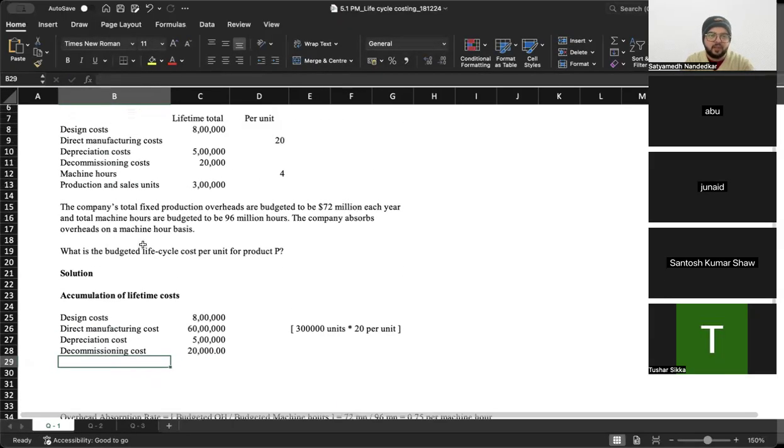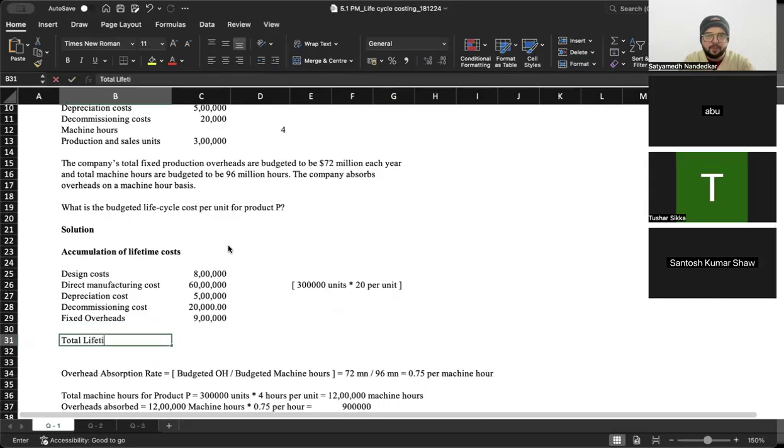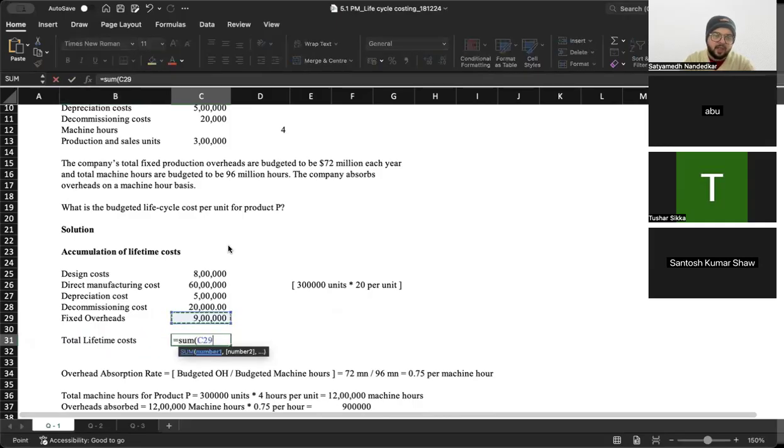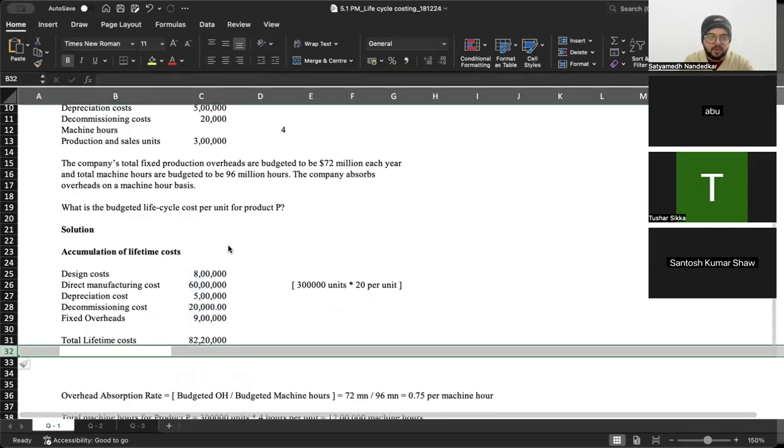So what do you have here? You have your fixed overheads. So my total lifetime costs are how much? Total lifetime costs are 82 lakh 20,000.